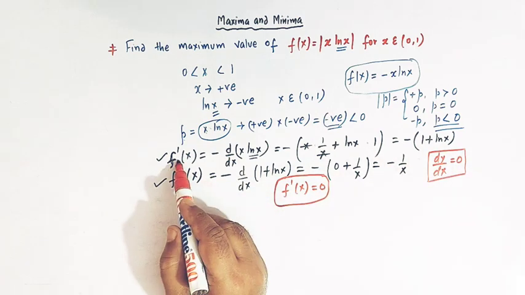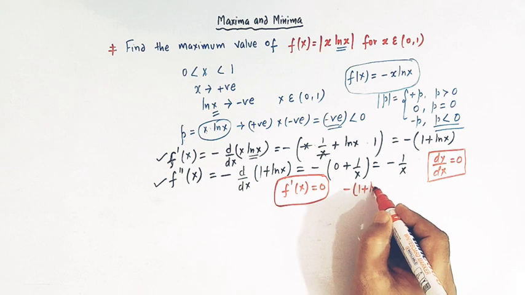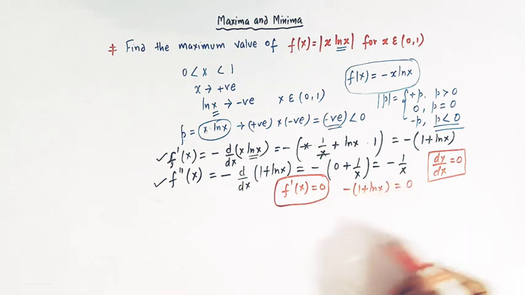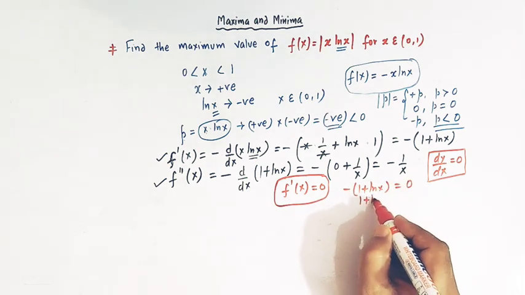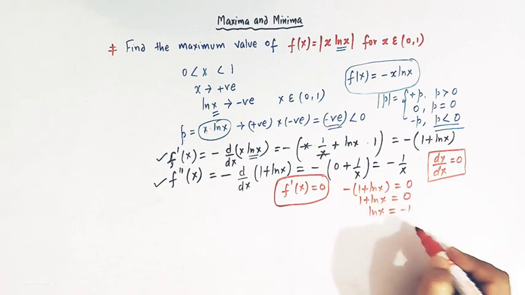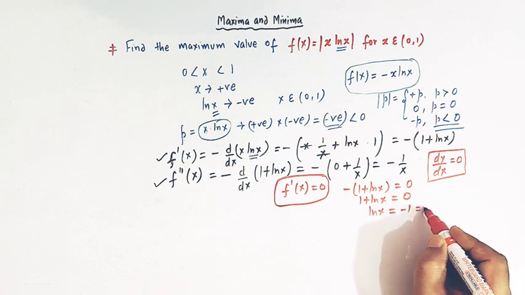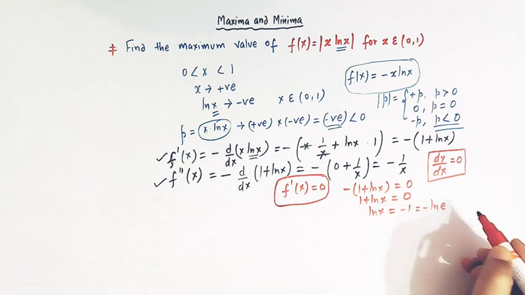So f prime of x, which is negative of 1 plus log of x, is equal to 0. So we have 1 plus log of x equal to 0, log of x equal to negative 1, and we can write here minus log of e.